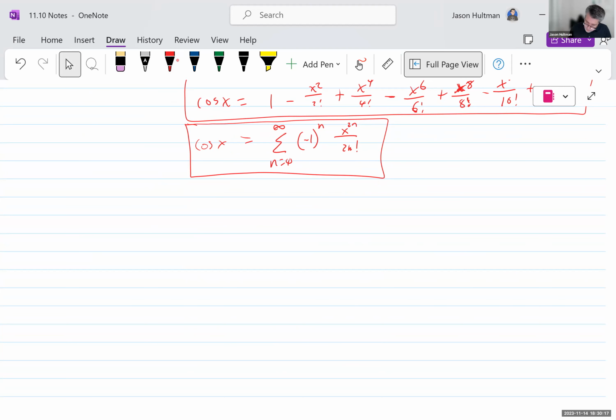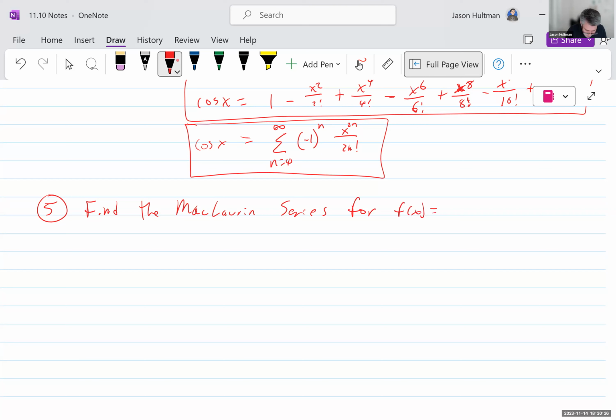Okay, number 5. Find the Maclaurin series for f of x equals 1 plus x to the k power. So this is the binomial expansion.